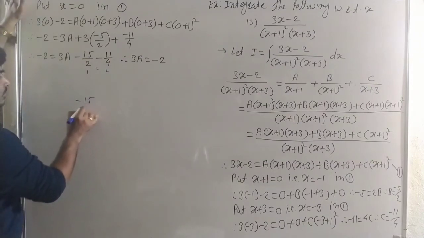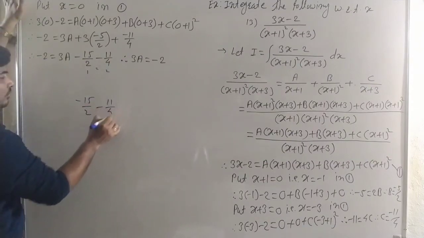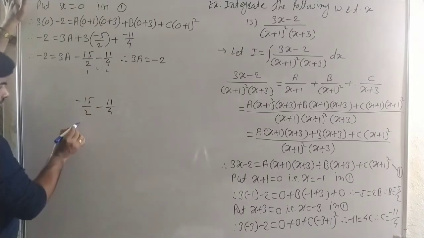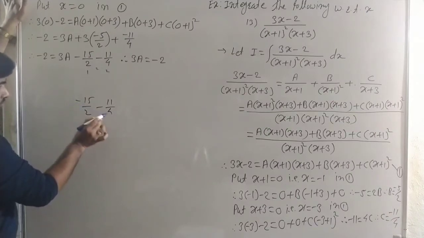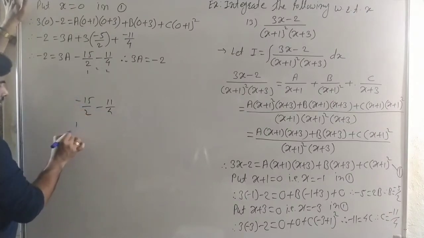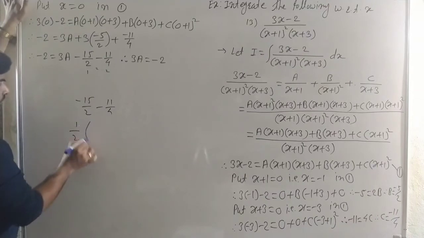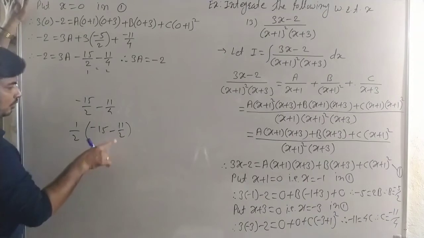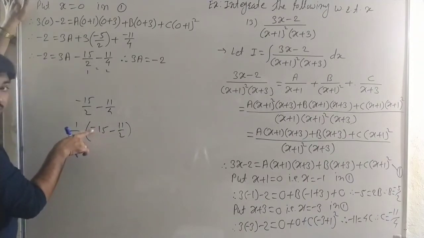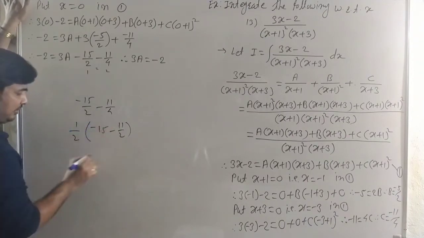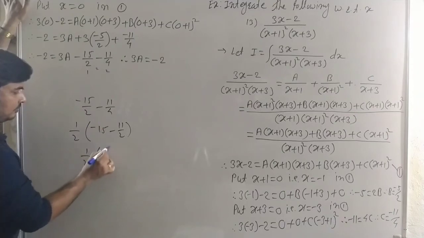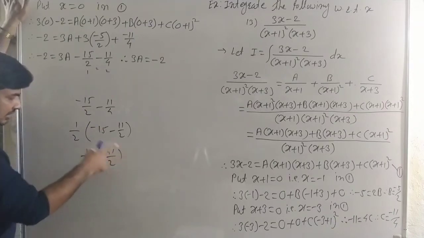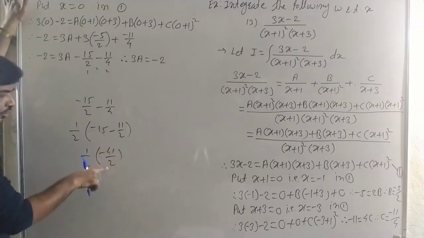Here minus 15 by 2 minus 11 by 4. Okay, see carefully. When 1 by 4 is common, we get minus 30 minus 11, minus 41 by 4.